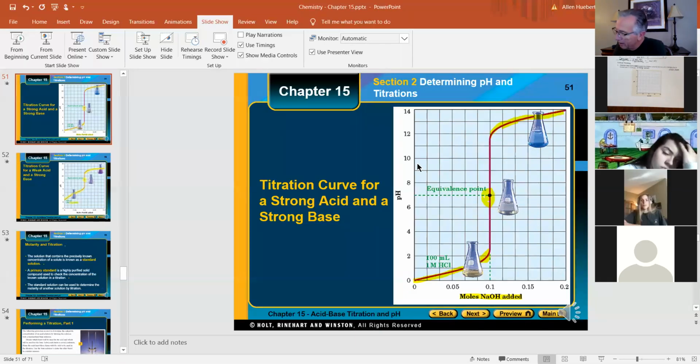If it's weak, now if you look at the diagram on the PowerPoint, you notice that when you have a strong base, it gets up there in the 13, 14 range. Well, if this is a weak base, it's going to be lower than that, probably in the 10 to 12 range is where it's going to start. So somewhere in here is where we're going to start our graph.